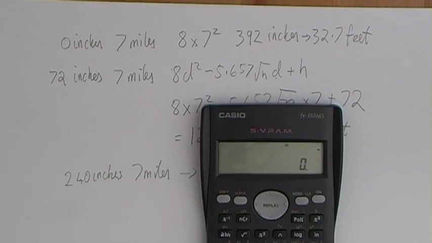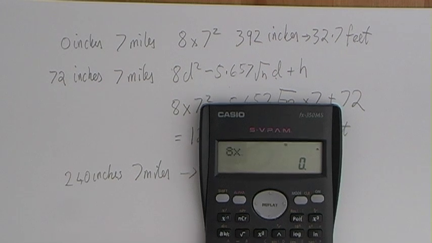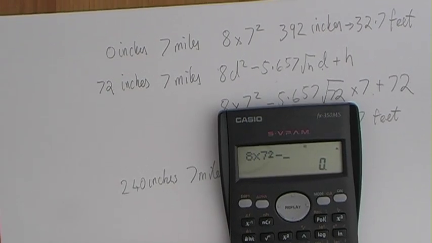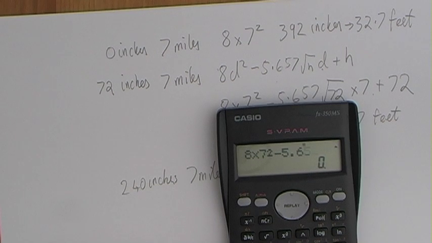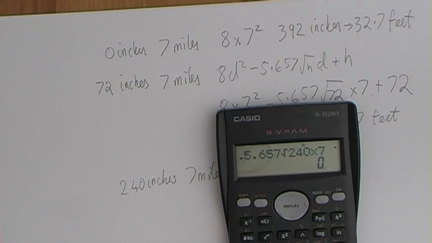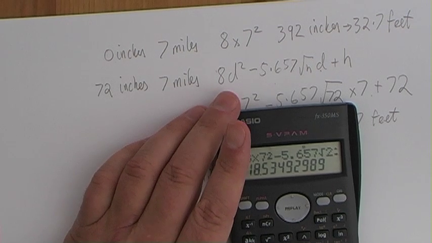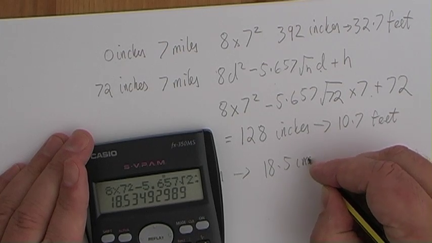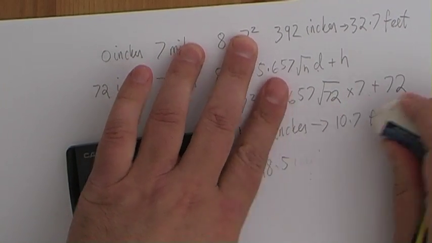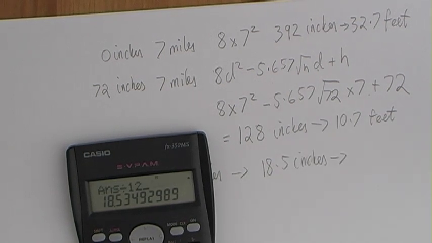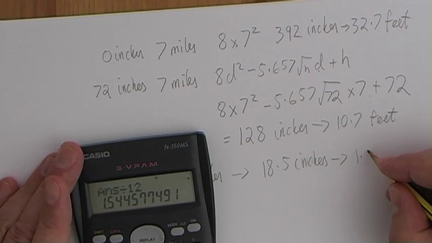It's 8 times 7 squared minus 5.657 times the square root of 240 times 7, for the distance, sorry, plus the height, 240, which gives you 18.5 inches. Sorry, I can't write inches for some reason. Which is divided by 12, 1.5 feet.